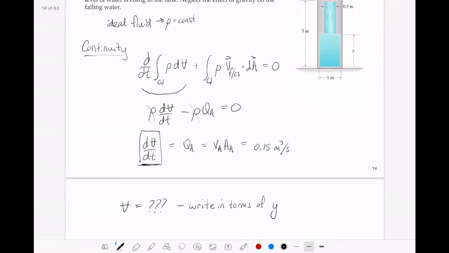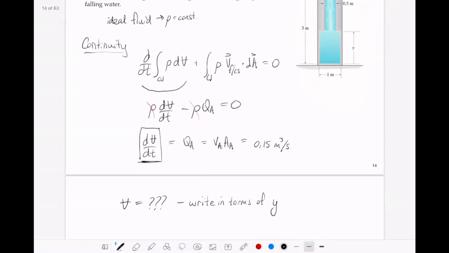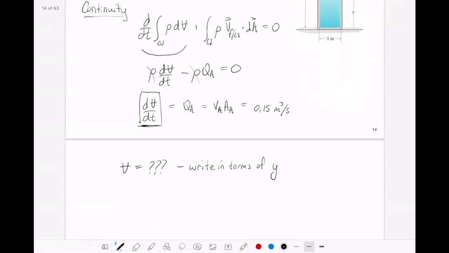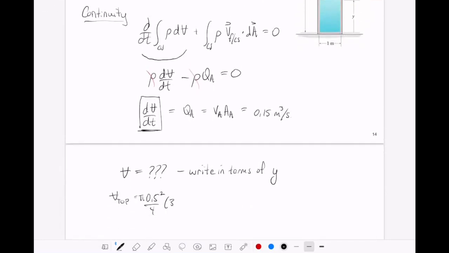If we look at this, we have the volume of the top section and the volume of the bottom section. We can use y and the diameters of each of those sections to help us figure out what the volume is. For the volume of the top, pi times 0.5 over 4 would be our area, and times the height, which would be 3 minus y. And the volume of the bottom section would be pi times 1 squared over 4 times our height y.